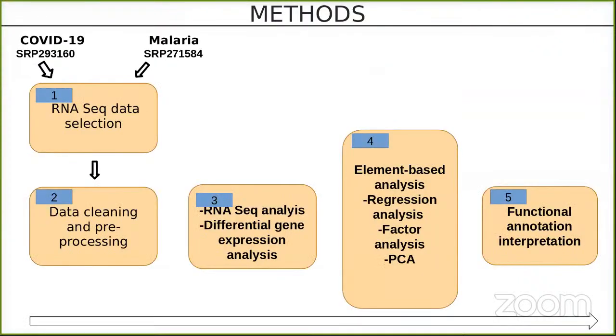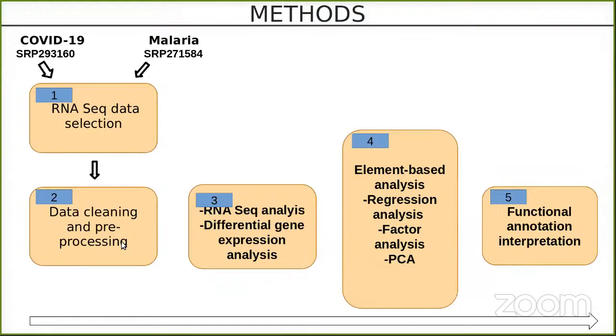The outline of our method consists of 5 main steps. First, we select the data, then define the disease phases of interest that I've already mentioned. Second, we will clean the data and put it in the required formats for downstream analysis, and for this we will make good use of the Pine pipeline.